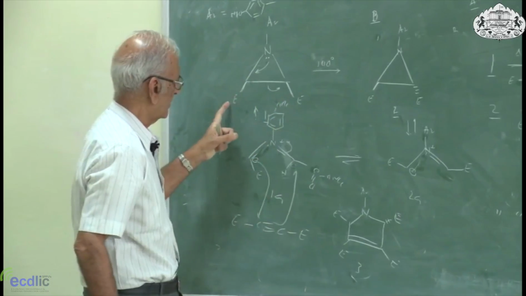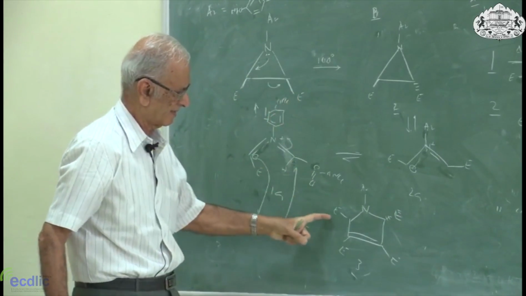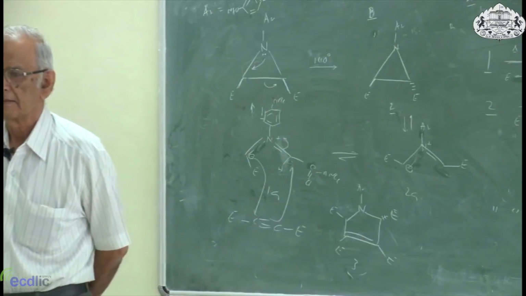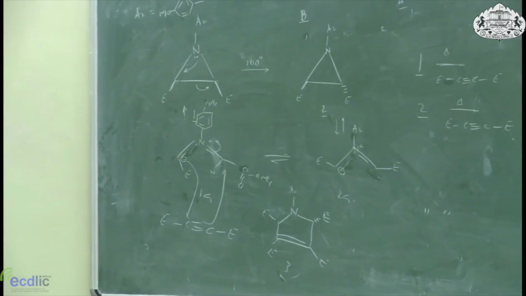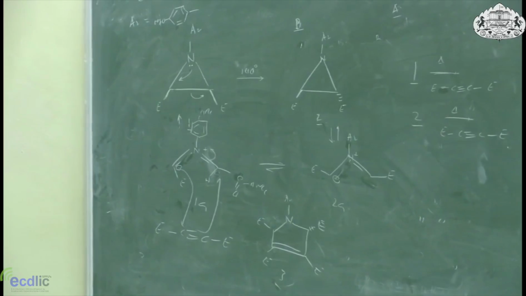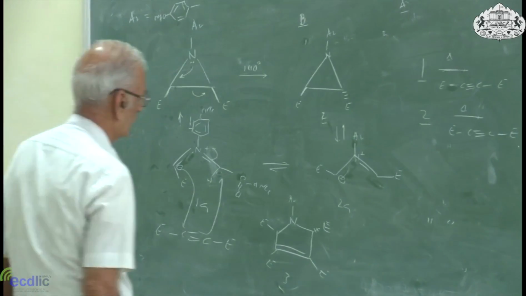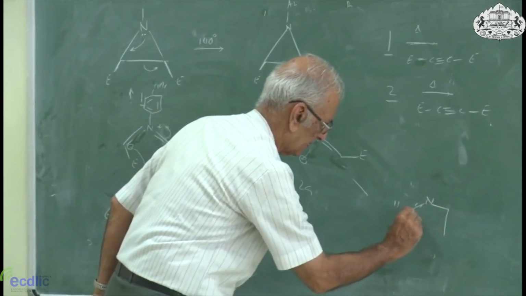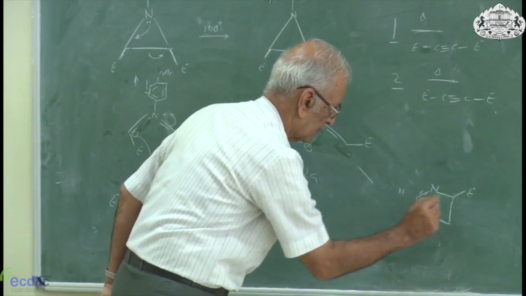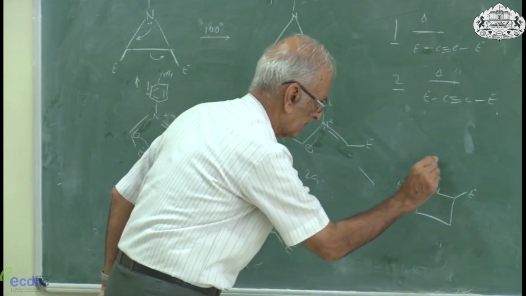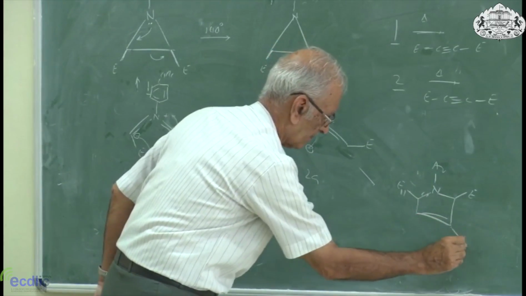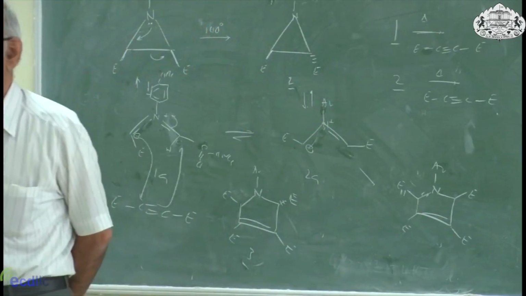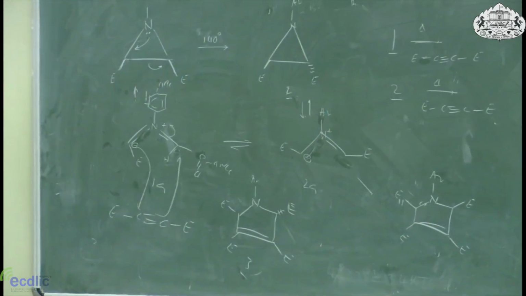My two esters were cis in number 1. In the product, my two esters are trans. If I start with compound 2, in the product, my two esters are cis.